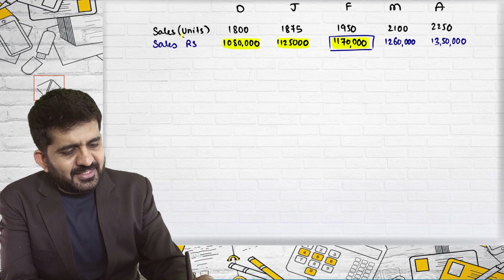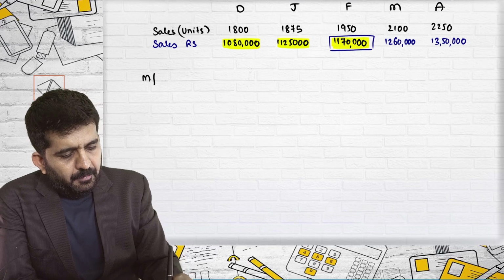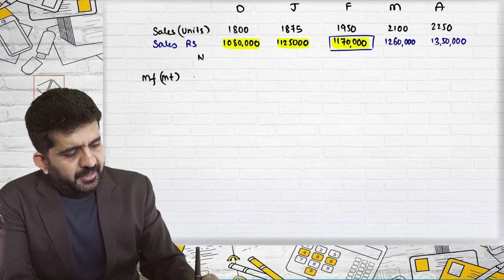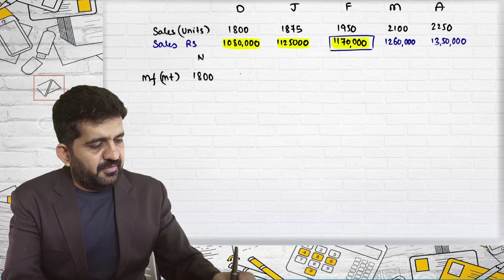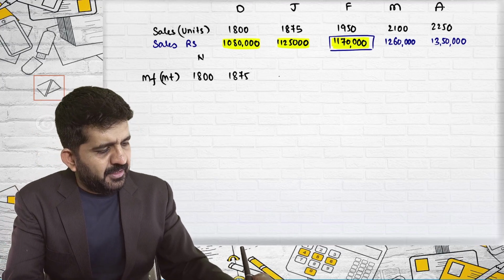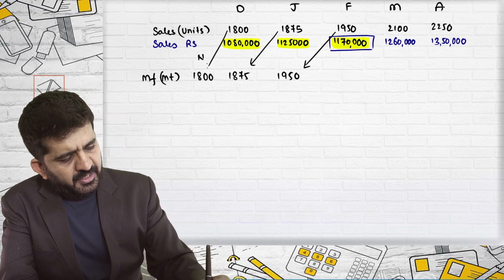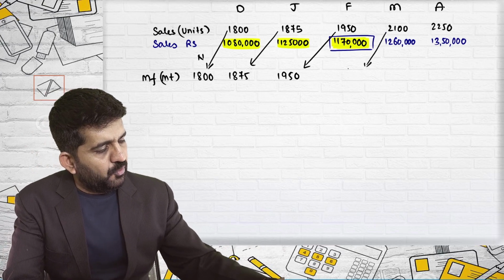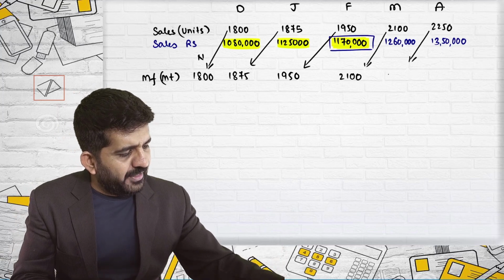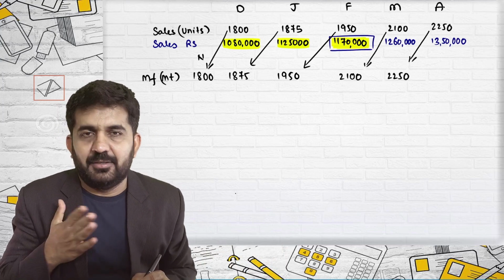So when will these sales units be manufactured? Manufactured month, I'm starting with November. 1800 will be manufactured in November. 1875 will be manufactured in December. 1950 will be manufactured in January. 2100 will be manufactured in February because it is sales of March, and 2250 will be manufactured in March because it is sales of April.